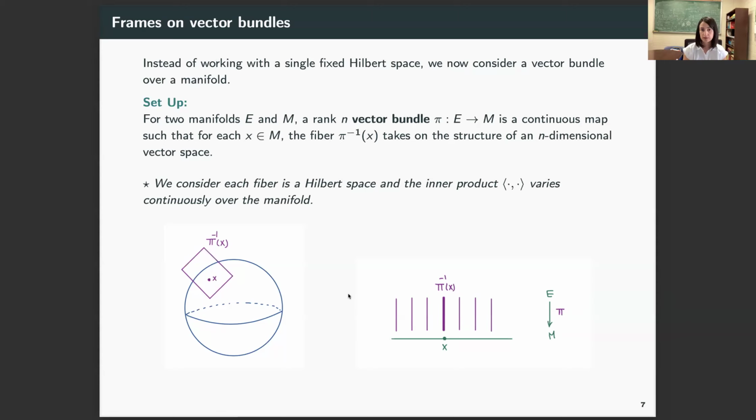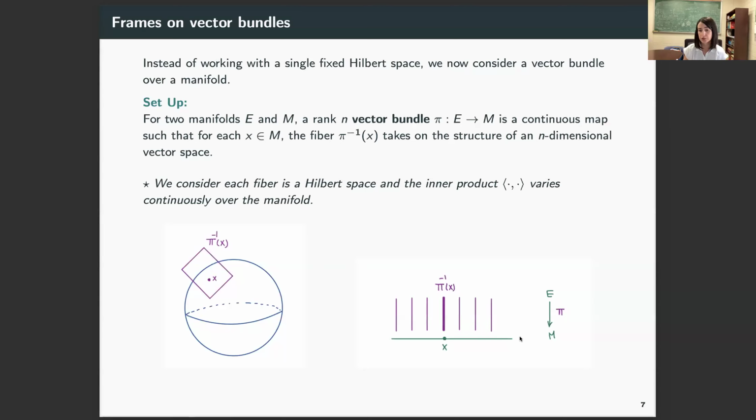If I have two manifolds, a rank n vector bundle would be a continuous map pi that goes from E to M, such that if I take any element x in my manifold, pi inverse of x, which we call the fiber, has the structure of an n-dimensional vector space.